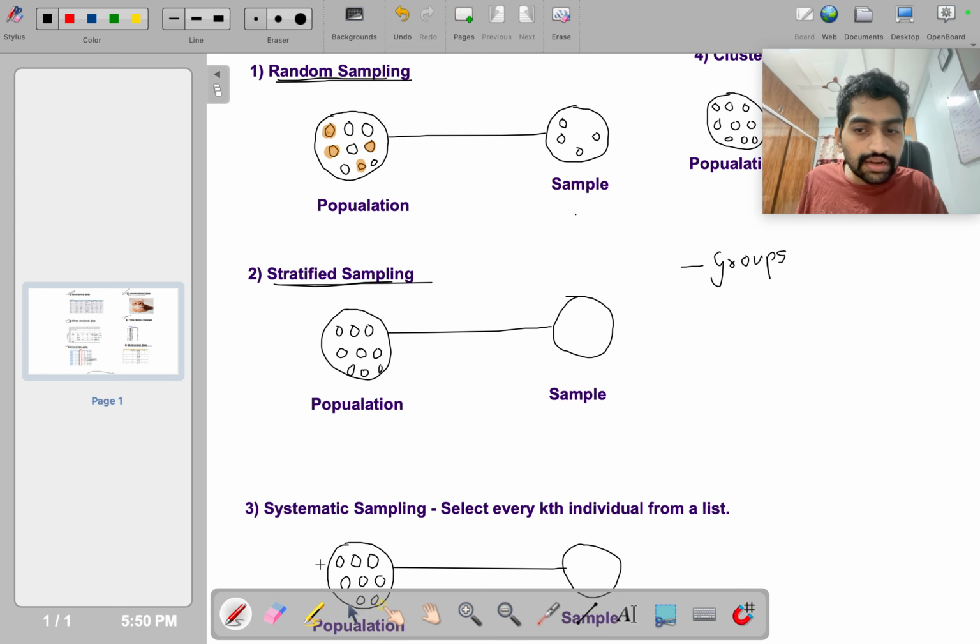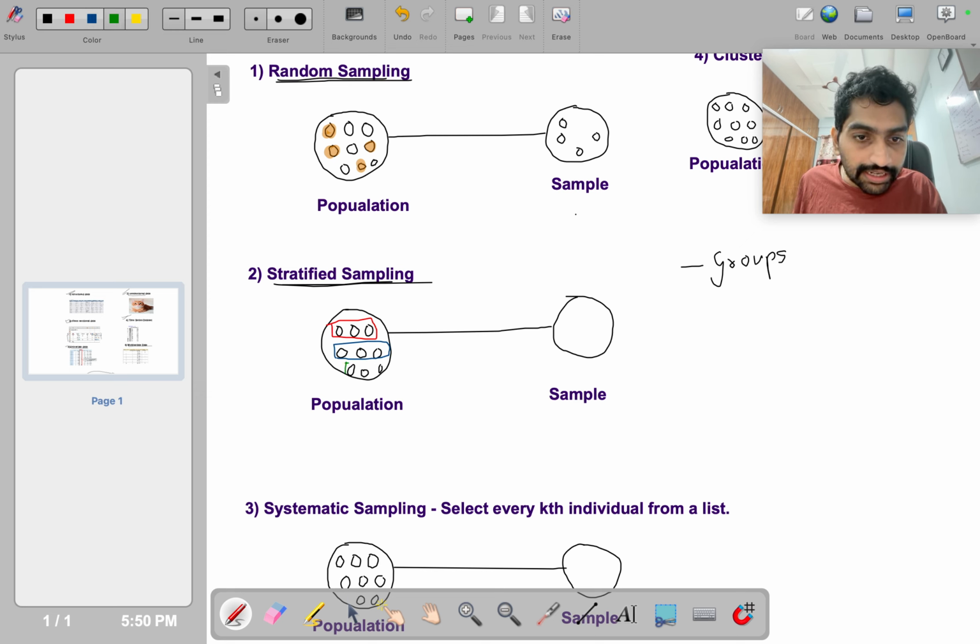I will change the color to red. The first group will be the red group. Second, we split the data into three different groups, so this is the blue data and this is the green data.